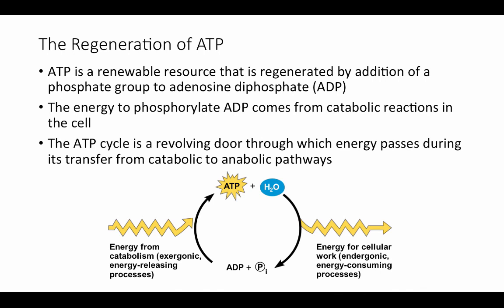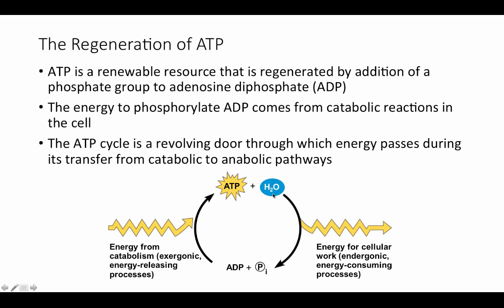So the ATP cycle is like a revolving door through which energy passes during its transfer from catabolic to anabolic pathways. So if we think about, here is our used up ADP and phosphate that we got from that endergonic reaction coupling. So it's at a low energy state. We're going to get an energy input from the catabolic processes of breaking down large macromolecules in an exergonic energy-releasing process to create this more complicated, less stable, higher energy ATP plus water.